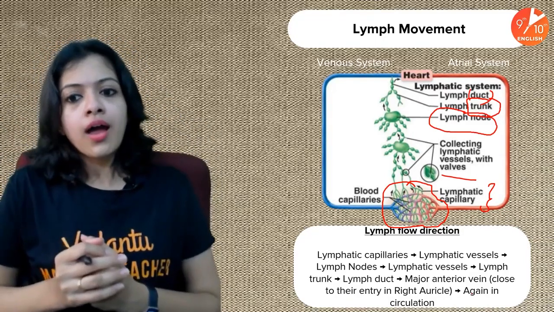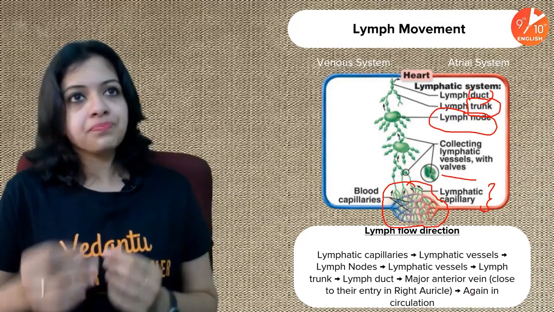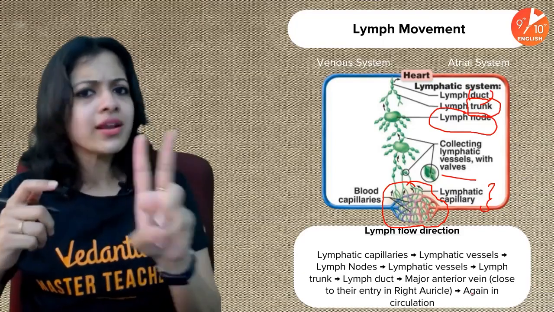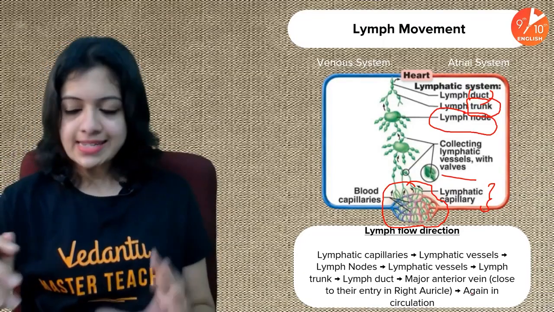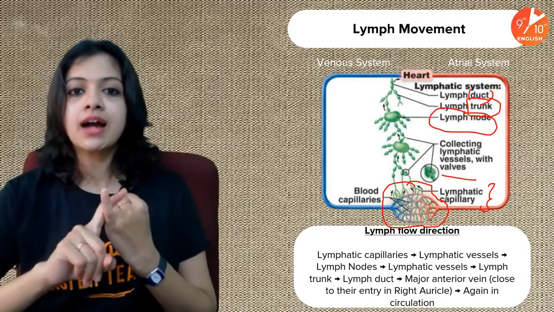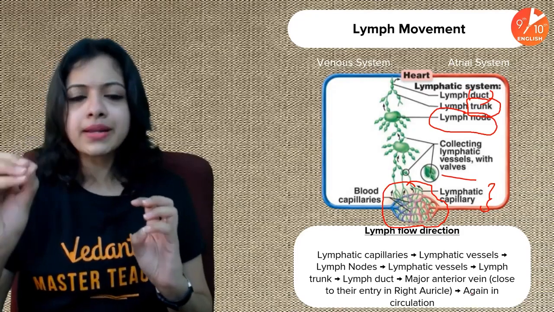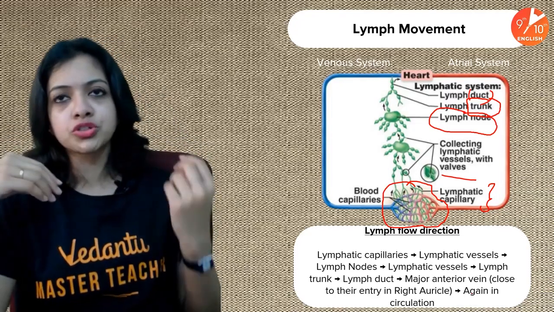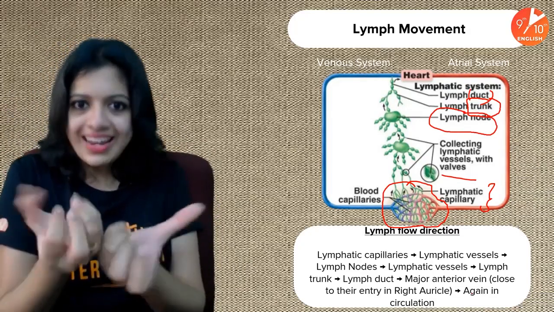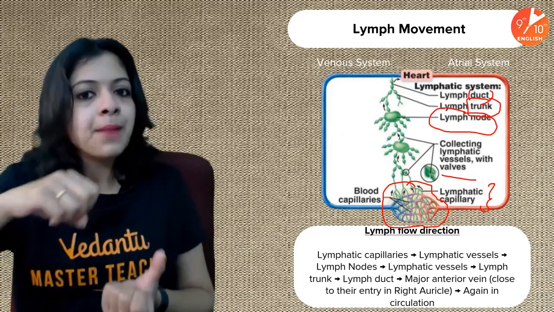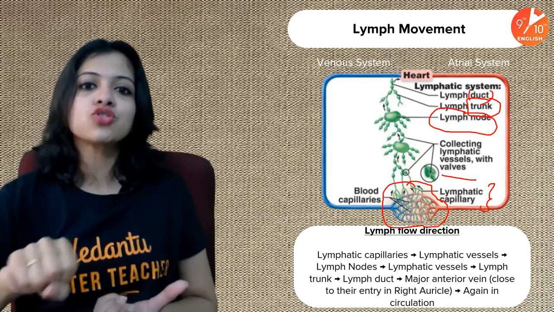This is how the lymph and lymphatic system play a huge role, because there are two advantages that I can simply see. One is, of course, as I told you at the start, all the tiny components of the blood, including the fluid portion of it, get oozed out. We need a system to accumulate and collect it, and help prevent its wastage so that it joins back into the bloodstream.